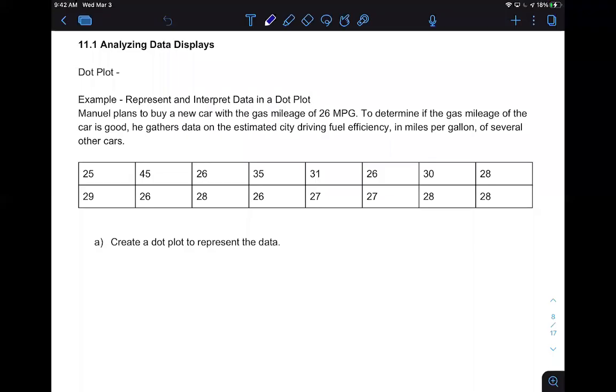Okay, so 11.1. I think there are 4 different graphs we're going to go over. The first one we're looking at is called a dot plot.